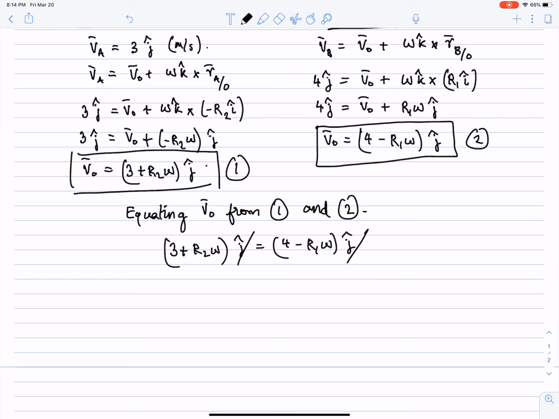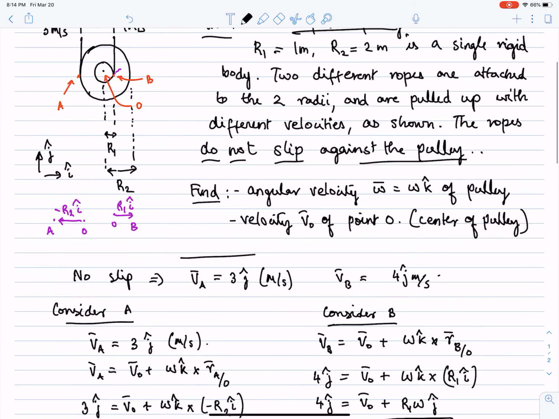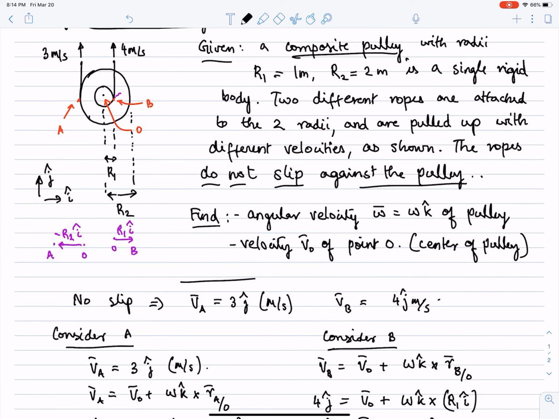So we have, bring the R1 omega here, R1 plus R2 times omega equals 4 minus 3, or omega equals 1 over R1 plus R2, which we said were 1 and 2 respectively.